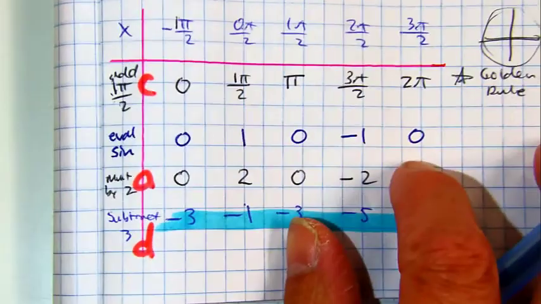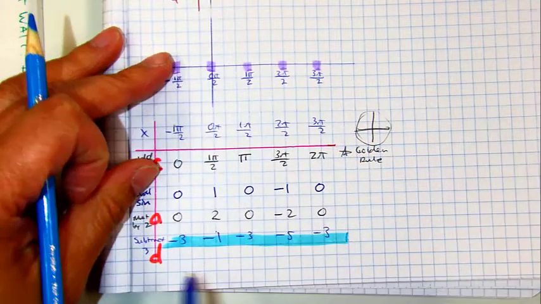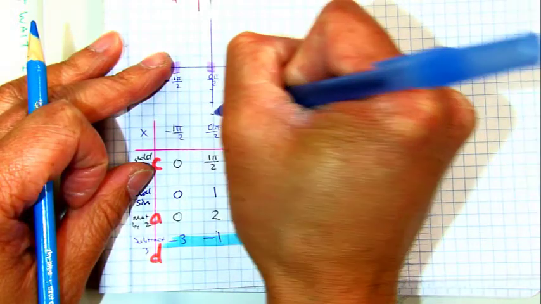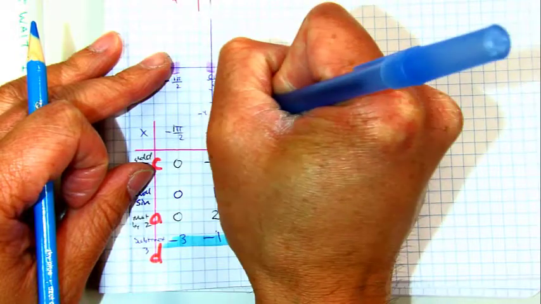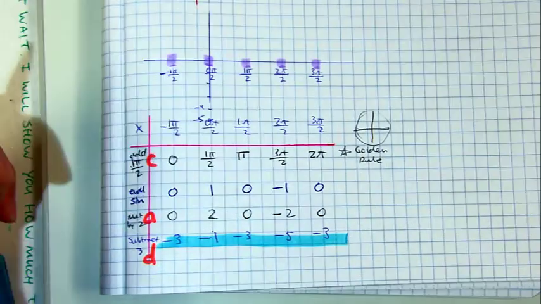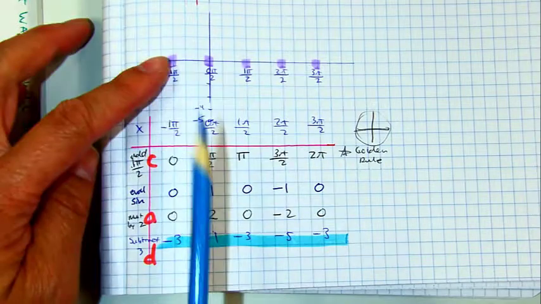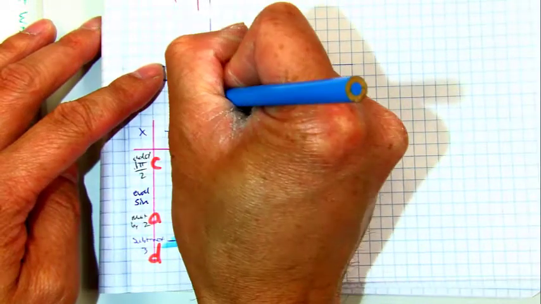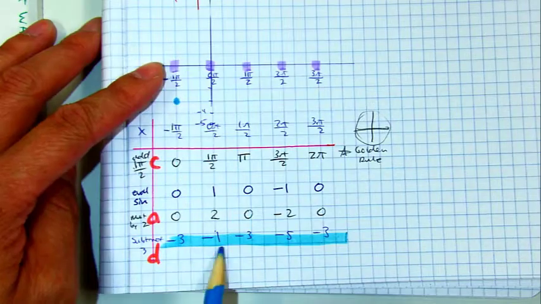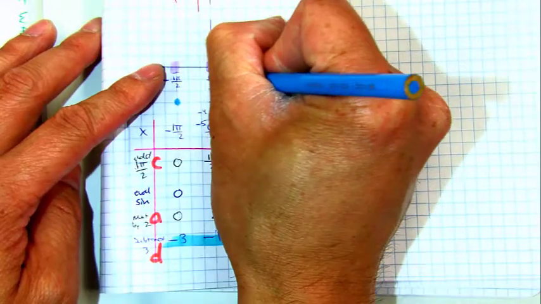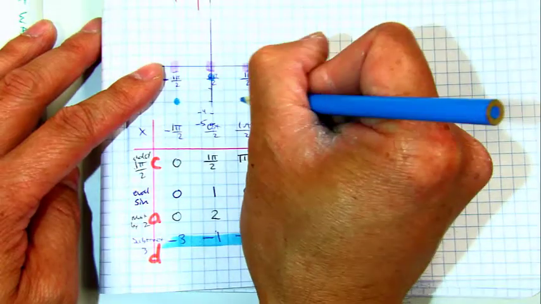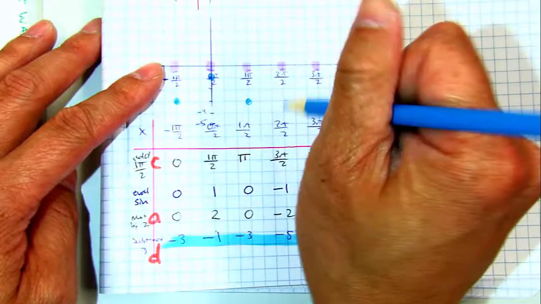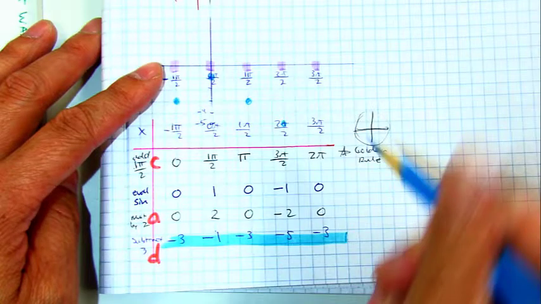Poor planning. The lowest number is -5, so -1, -2, -3, -4, -5. Remember, there's a shift, so I'm starting over here. Negative pi over 2 is -3. -1. -3. -5. And -3.